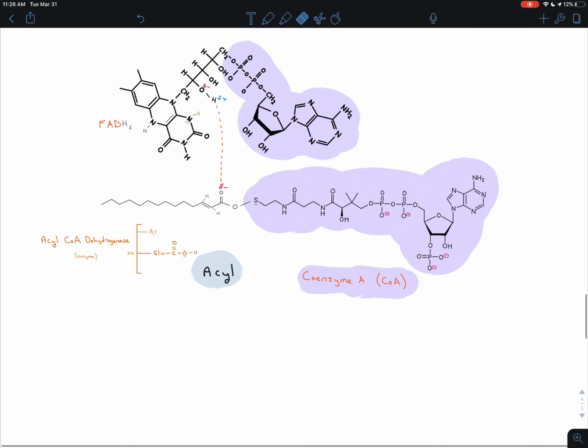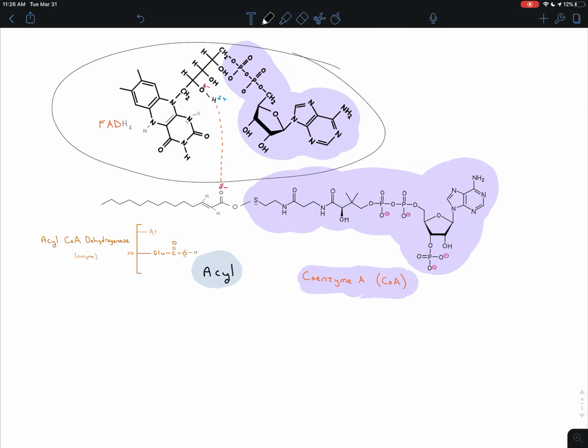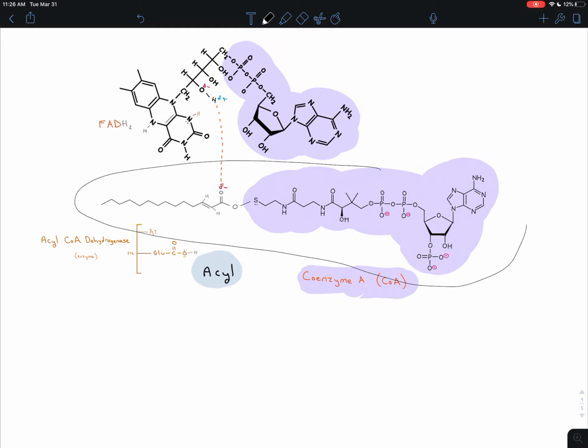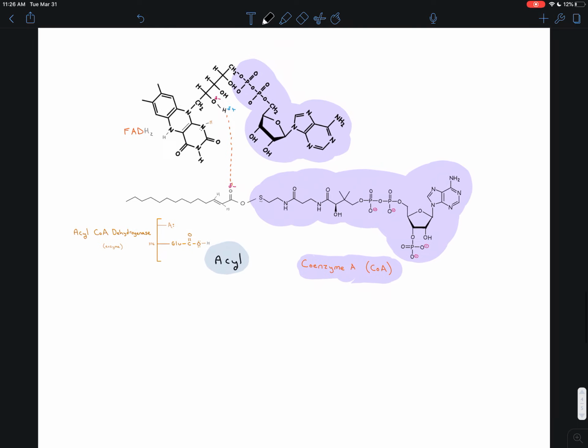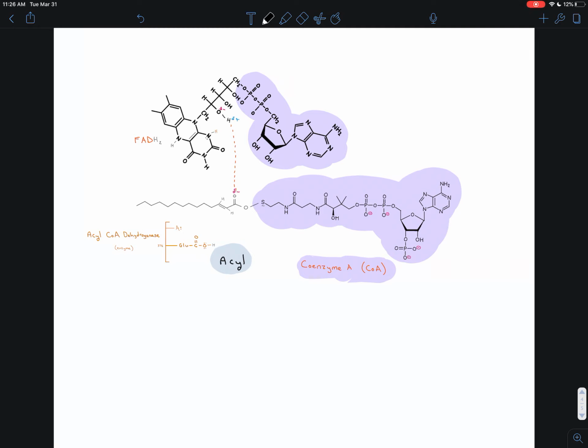So ultimately what we've gotten after this first step is FAD has changed to FADH2, and we've made a double bond between the alpha and beta carbons on that acyl-CoA. That has introduced reactivity into a part of the chain that was not especially reactive before. Okay, so that's the first step, putting a pi bond between the alpha and beta carbons of your acyl-CoA, which is ultimately your fatty acid, just with a CoA attached to it.